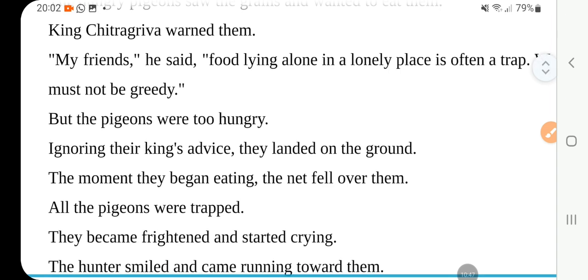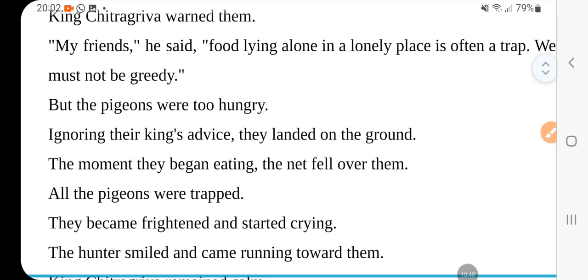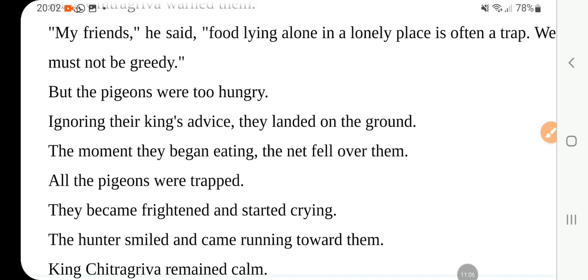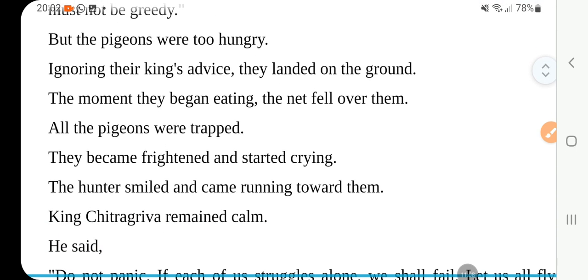King Chitragriva warned them, "My friends, food lying alone in a lonely place is often a trap. We must not be greedy." So don't try to eat it. Don't go there.